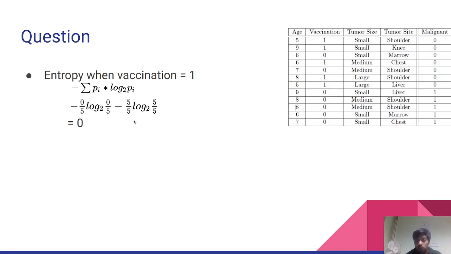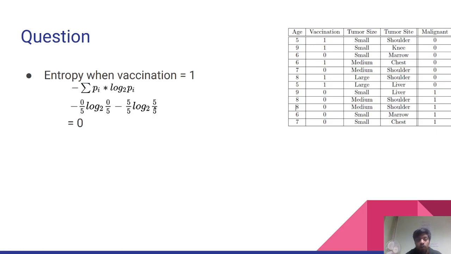So is it clear? Yes. So you have to check whenever there is 1 here, what is the corresponding output, what is the corresponding level. You have to consider one level once and another level once. So for level 1 we don't have anything, 0 by 5 and 0 by 5, and for level 0 we have 5 of them out of 5.